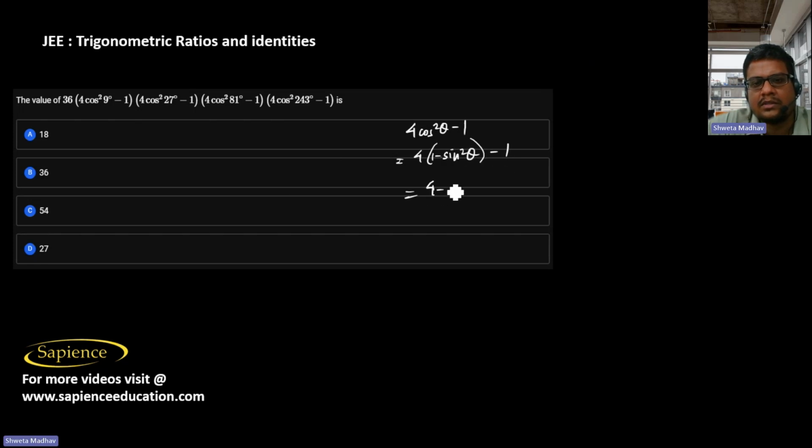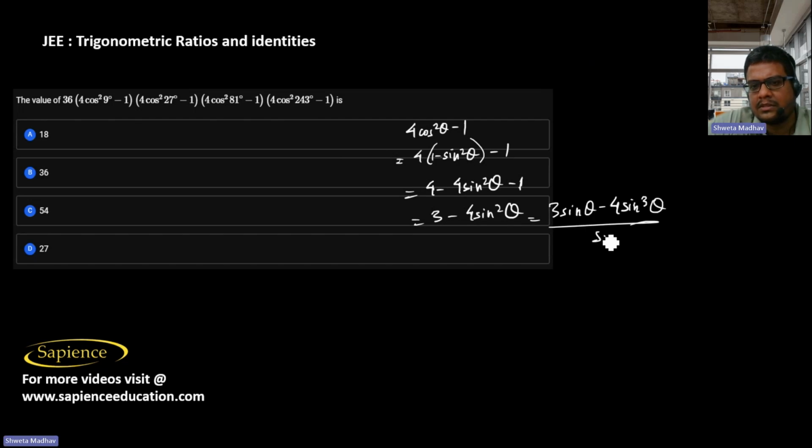So this is 4 minus 4 sine square theta minus 1. This is 3 minus 4 sine square theta. So this I can write as 3 sine theta minus 4 sine cube theta divided by sine theta. Now 3 sine theta minus 4 sine cube theta is equal to sine 3 theta. So I can write this as sine 3 theta by sine theta.